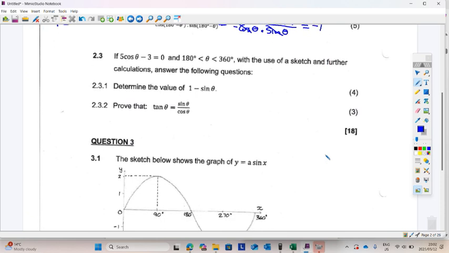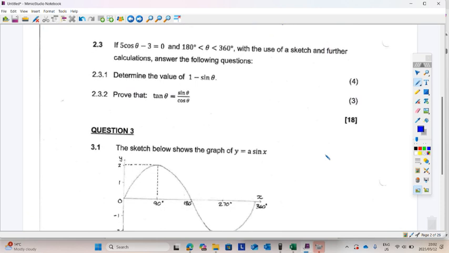Let's go to question number 2.3. If 5 cos theta minus 3 is equal to 0 and your theta is between 180 and 360, with the use of a sketch and further calculations, answer the questions which follow.